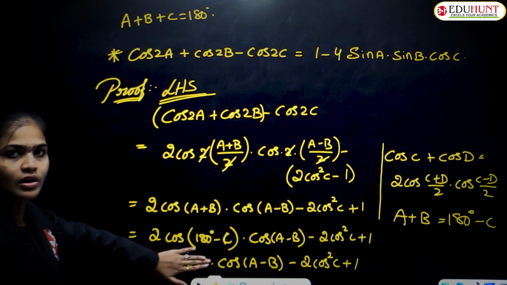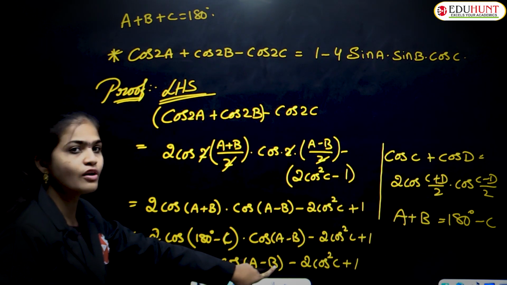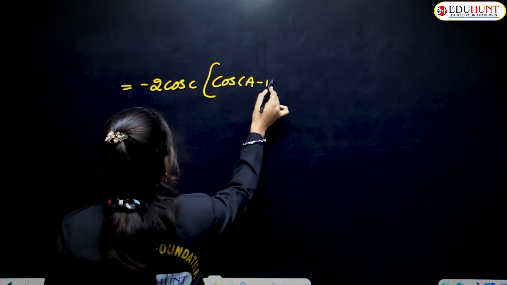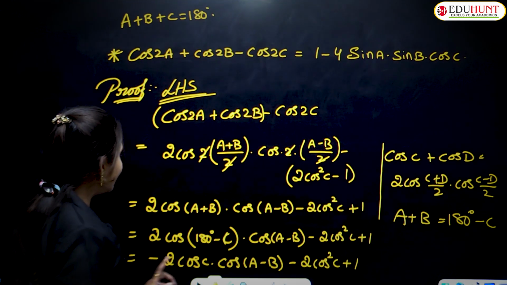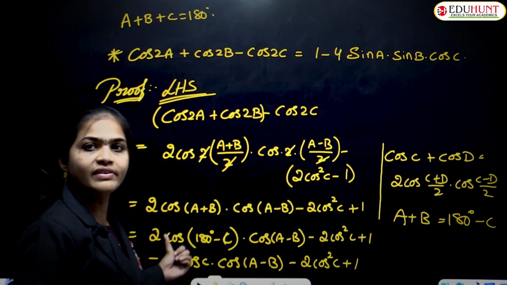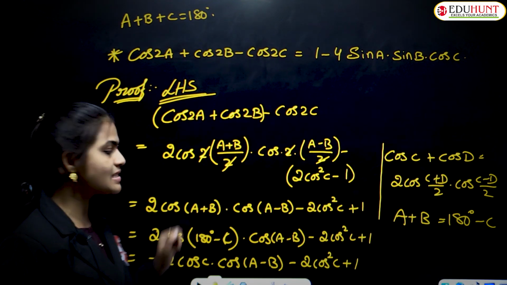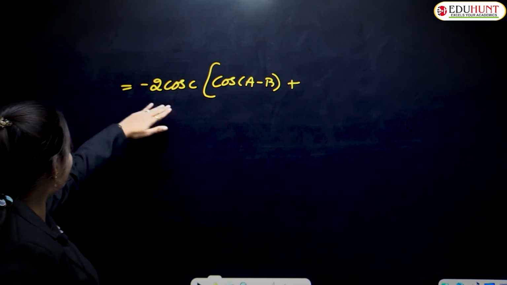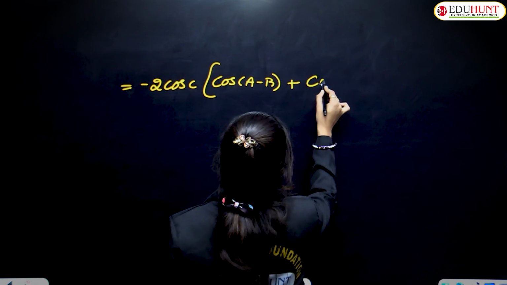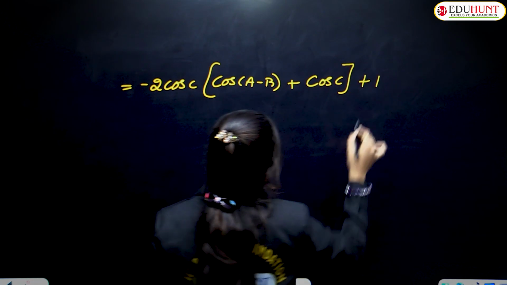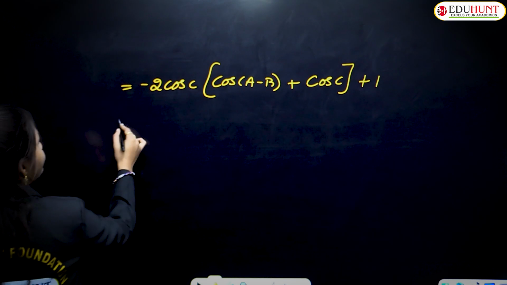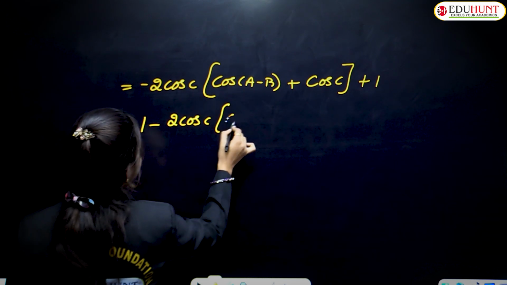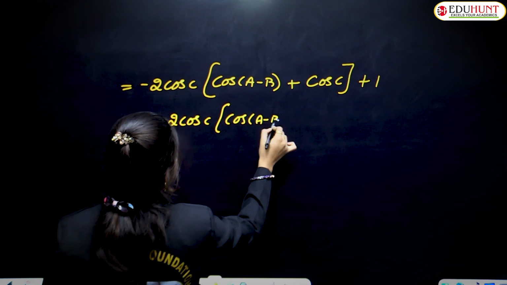So the leftover is cos of (a minus b), and here, since we took minus as common, that is plus cos c, and then plus 1. So that plus 1 I am writing here: 1 minus 2 cos c into cos of (a minus b) plus cos c.